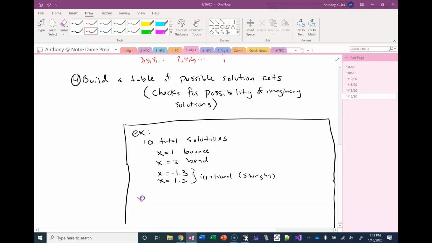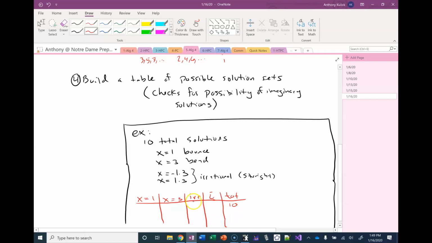So the way I'm going to build my table is I'm going to put a spot for each of my rational solutions. And then I'm going to just make a spot for the irrationals, a spot for imaginaries, and then a total. So the total is always going to be 10, right?